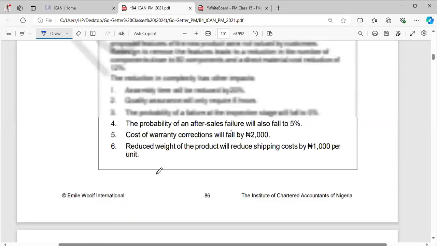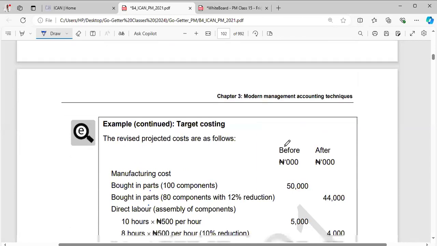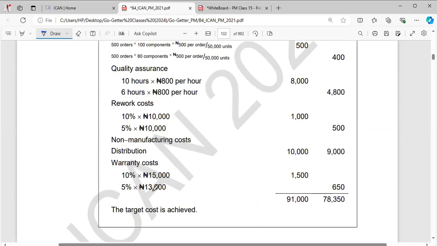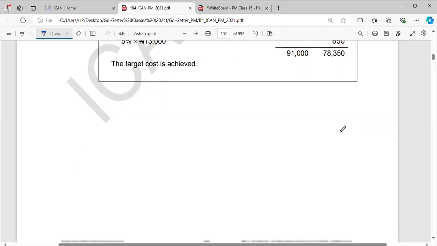And we are told that after sales failure will also fall to 5%. So the after sales is the warranty. So that's 5% of 13,000. It gives you 650. So we have here the target cost is achieved. We have 91 here and we have 78,350.